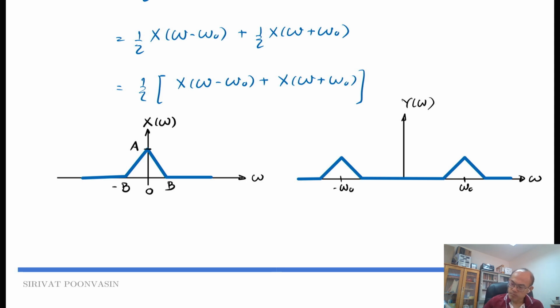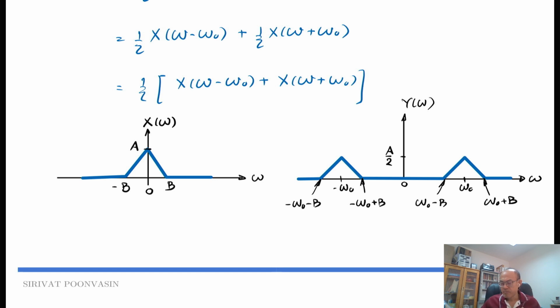Now, this would be A over 2. Okay, and this would be minus omega 0 plus b, minus omega 0 minus b. This is omega 0 minus b. This is omega 0 plus b. All right, so this is called modulation.